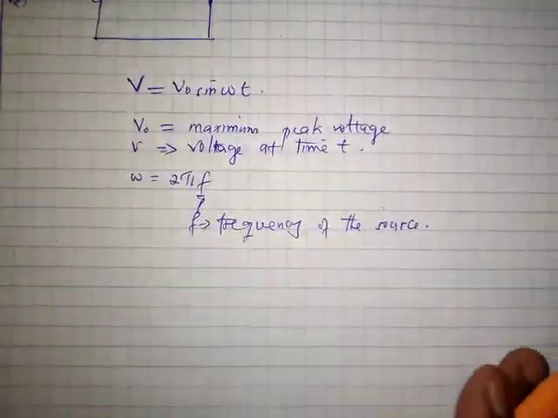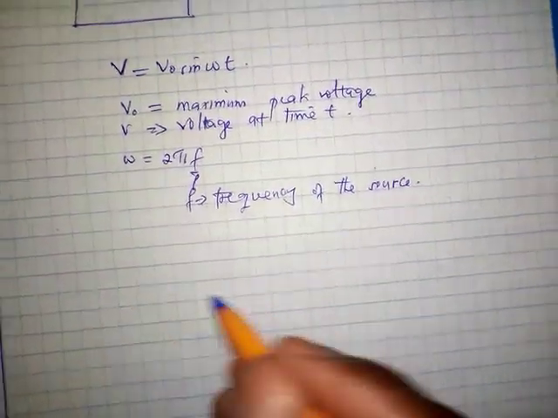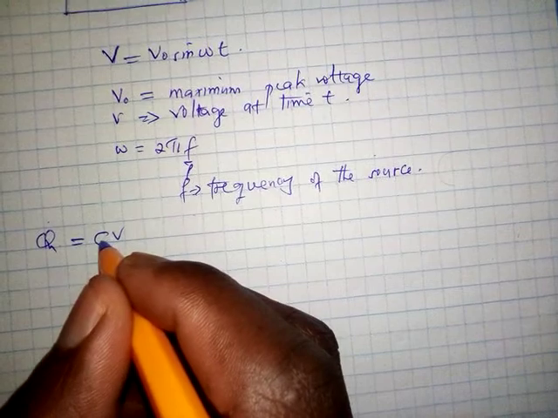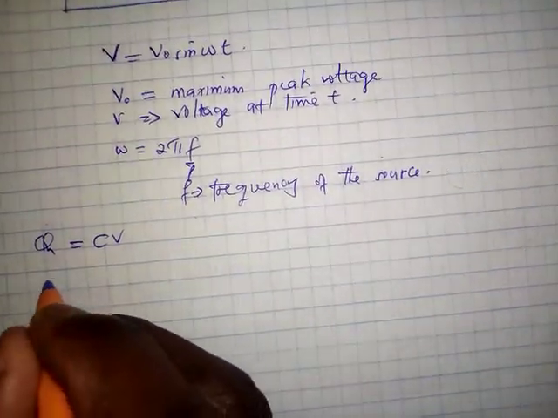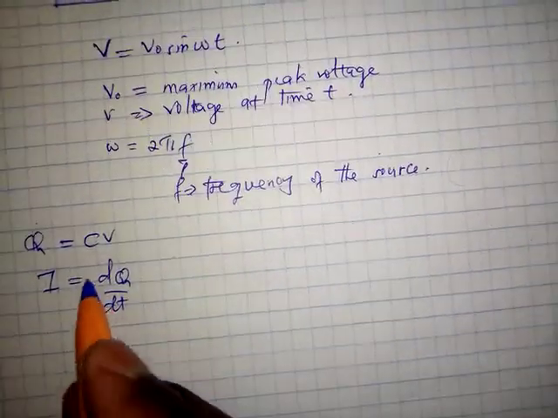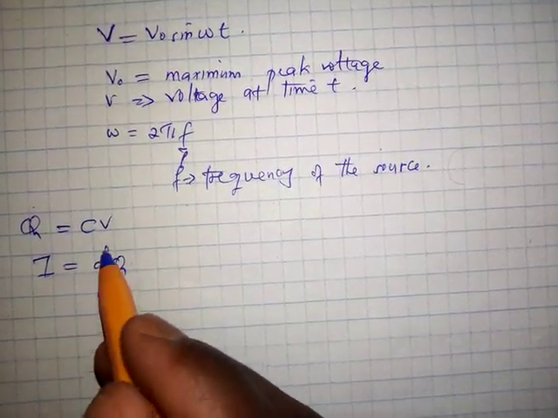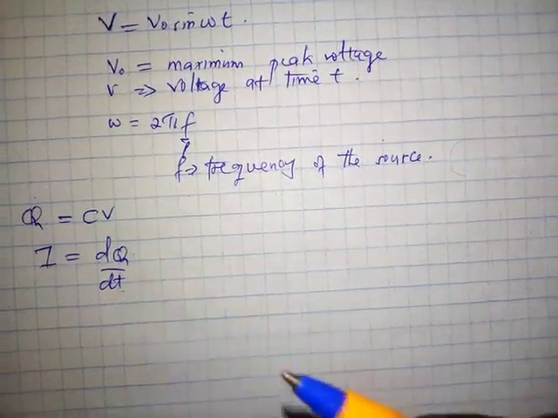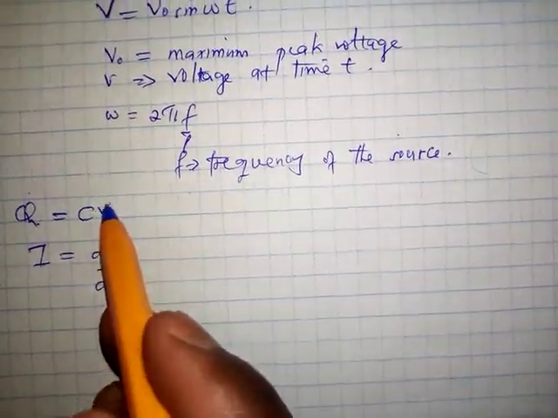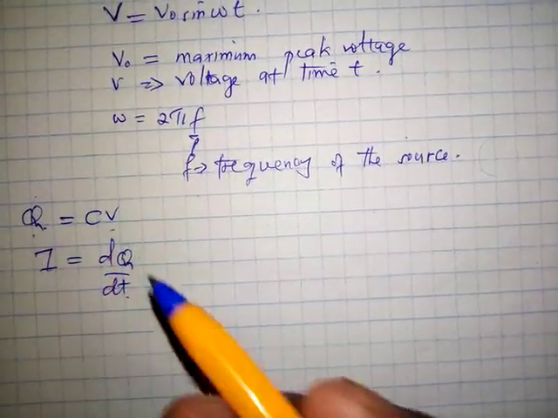So the charge in the capacitor at time t is given by Q equals CV. And the current I is given by dq dt. So if we write I equals d(CV) dt, we are also correct, since Q is equal to CV.